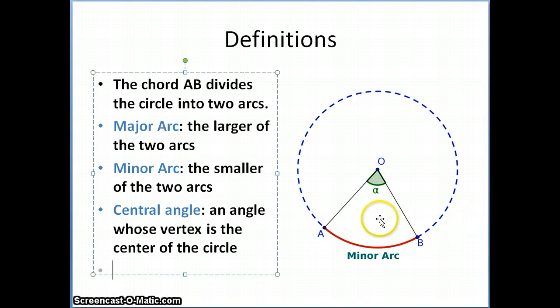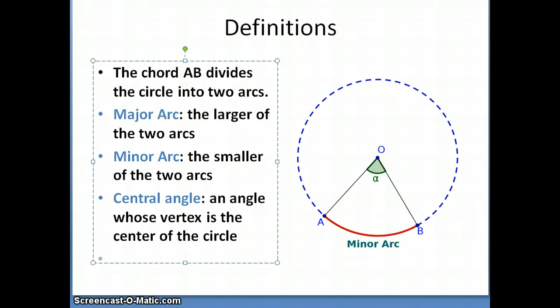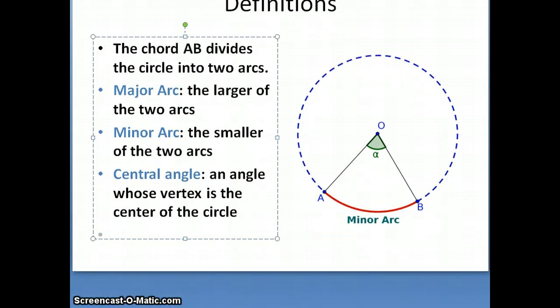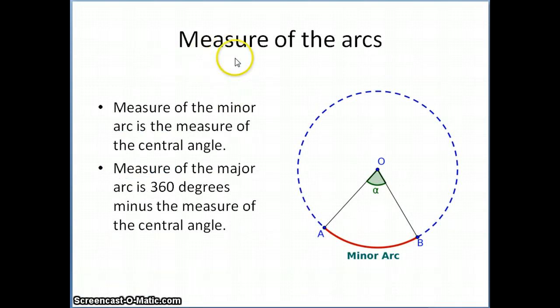And next, we're going to talk about the definition of the measure of arcs. We know if we have a line segment, we can measure it, say maybe it's 1 meter, or 1 foot, or 1 inch. How do we measure the arc?